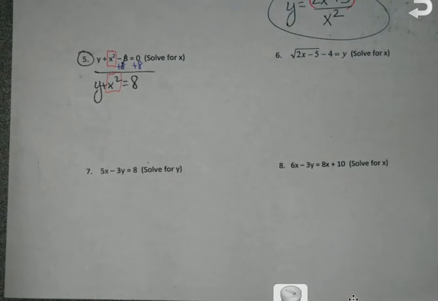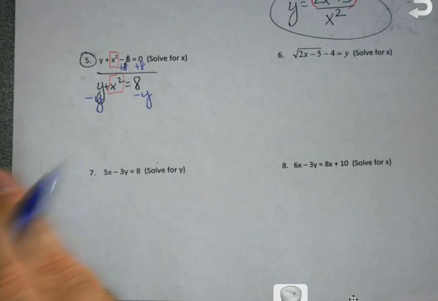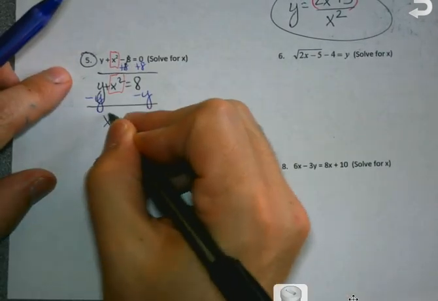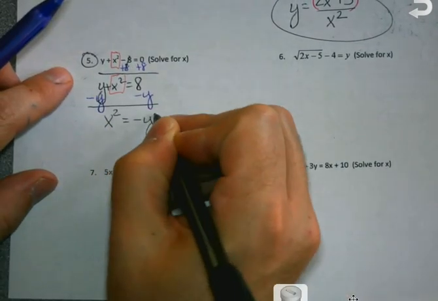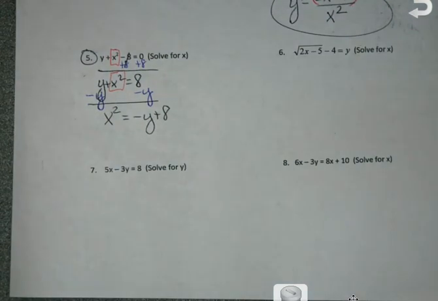What else? We'll deal with that momentarily. Okay, subtract the y, because we need to get all this stuff away from our x squared. And again, if you put 8 minus y, that's perfectly acceptable. So finally, x squared.